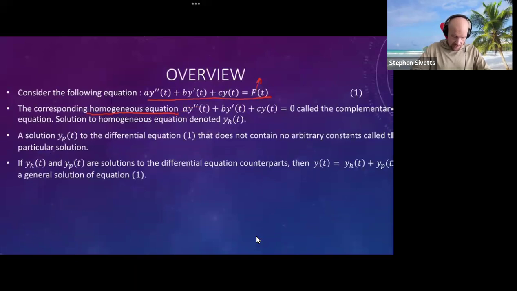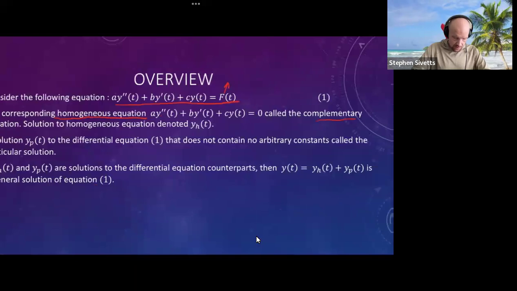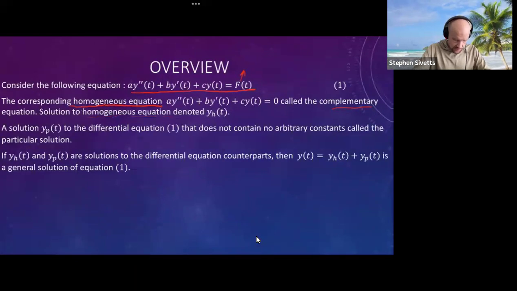That solution is called the complementary solution, and it's going to be denoted by y sub h of t, okay?